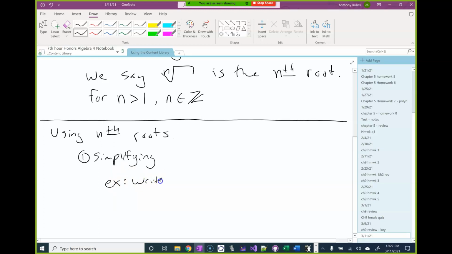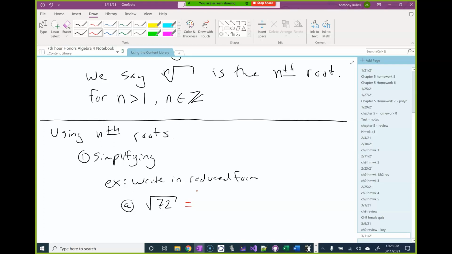So let's say we were asked to write in reduced form the square root of 72. Well, the goal here would be to find a way to rewrite the square root of 72 so that it's the product of a perfect square and something else.